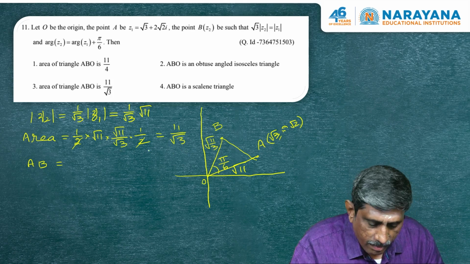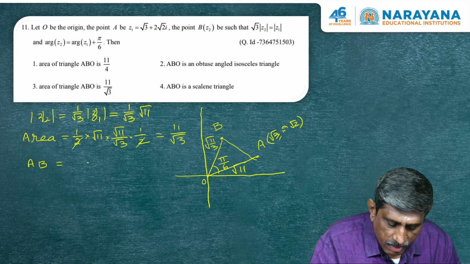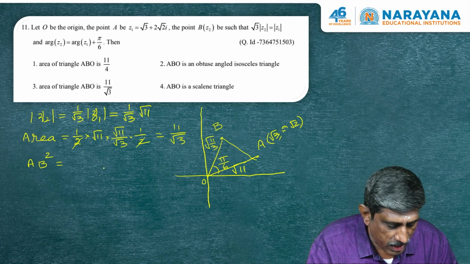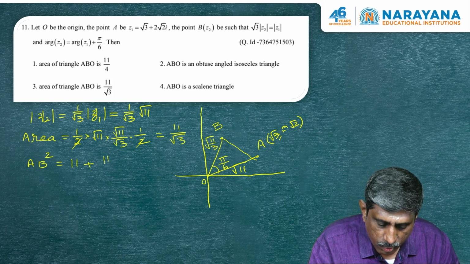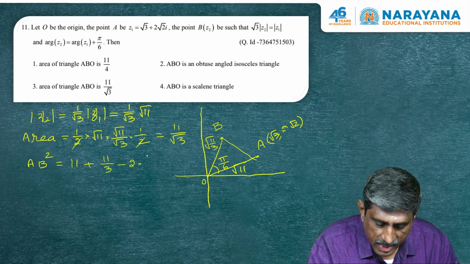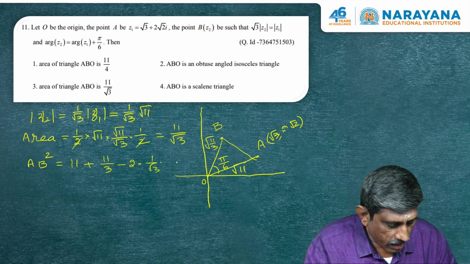AB is the distance, when we simplify by cosine rule, AB square is equal to OA square plus OB square minus 2 times OA times OB times cos pi by 6, which is 11 by root 3 into root 3 by 2.